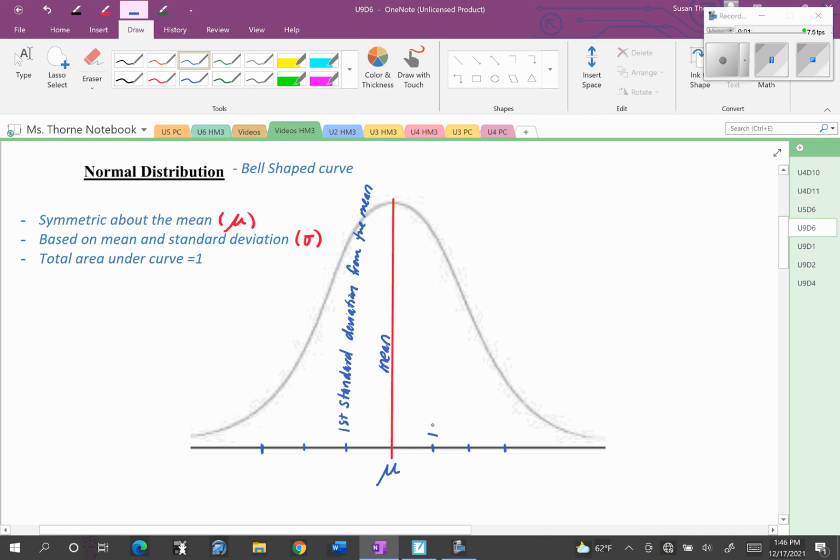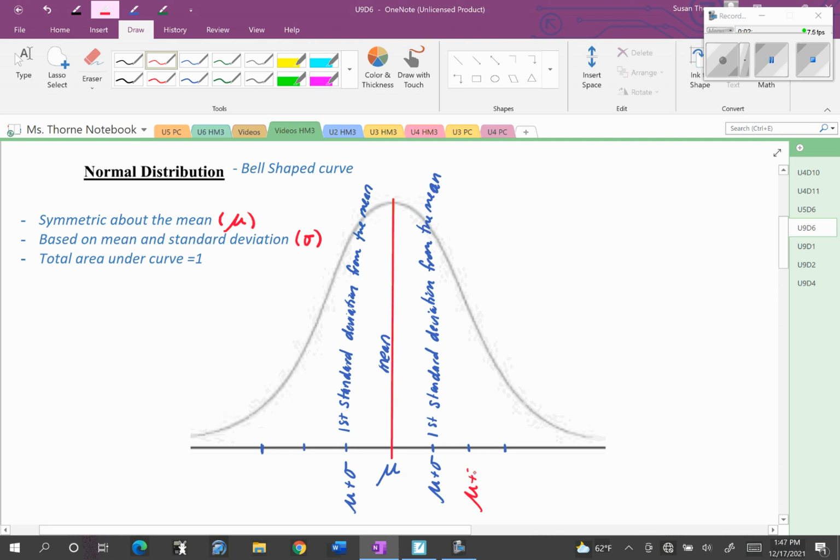So this is also the first standard deviation from the mean. So the way that we write that, we would just write the mean plus 1 standard deviation. So then this next mark would be 2 standard deviations from the mean.